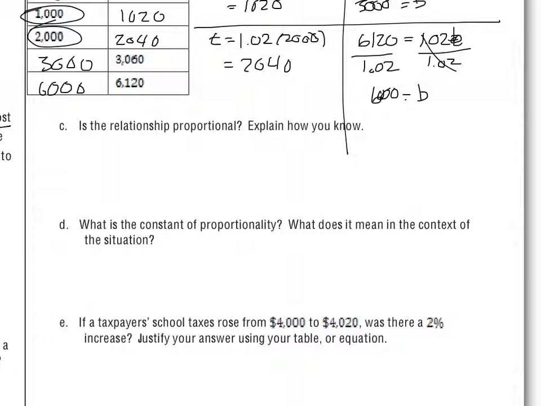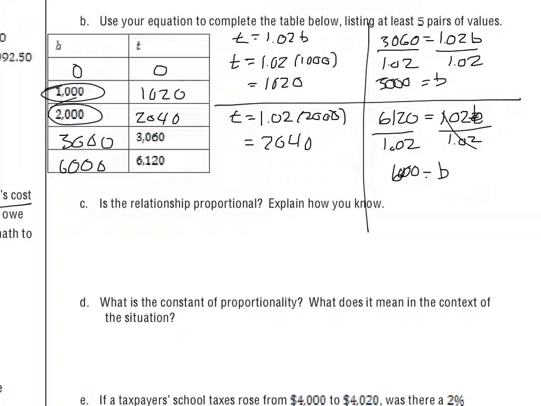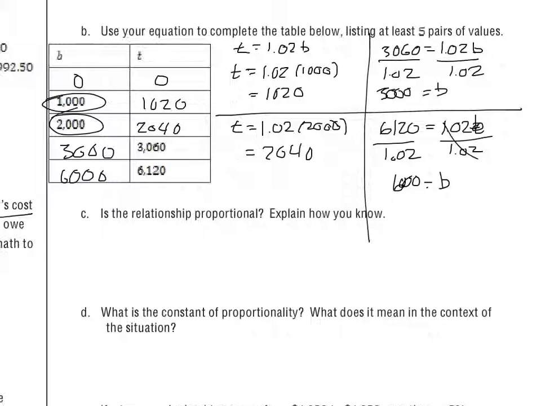All right, is this relationship proportional? Explain how you know. Well, we can go back and look at the form of our equation and think about what we've already said. Yes, this is a proportional relationship. It can be modeled using y equals kx.